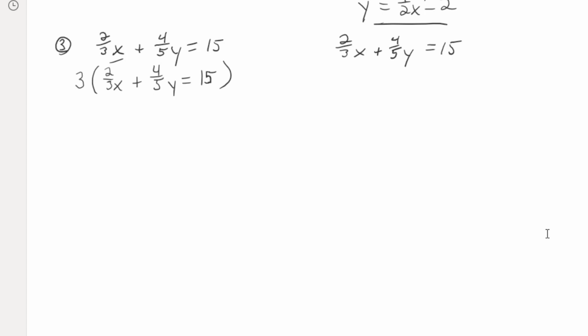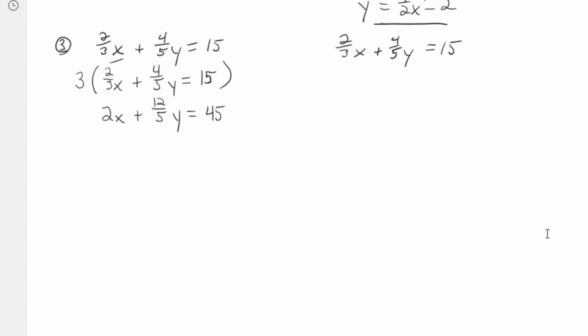Because 3 times 2 is 6 over 3, so the 3's cancel out, and what I'm left with is just 2x. And then 3 times 4 is 12 over 5, y, equals 3 times 15 is 45.